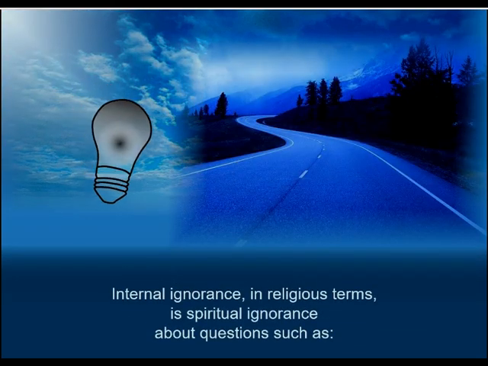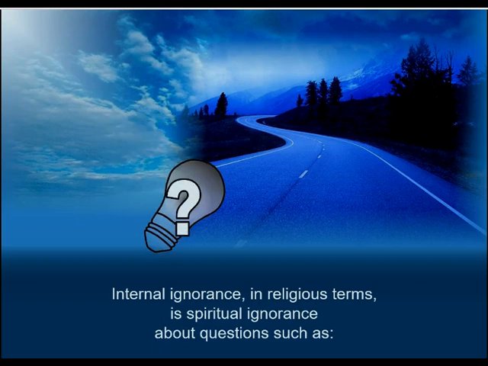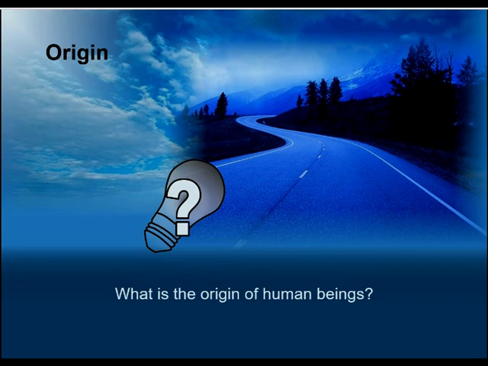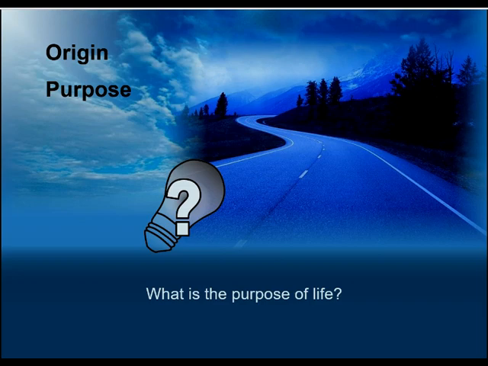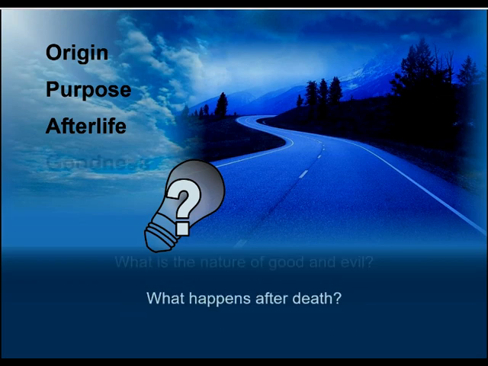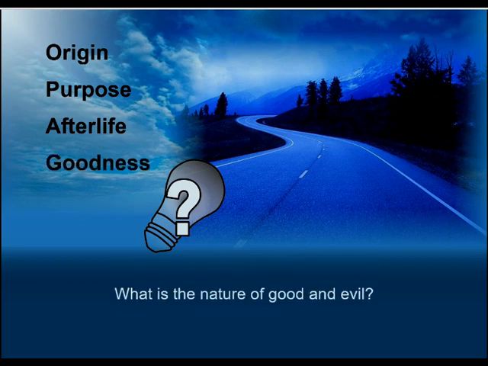Internal ignorance, in religious terms, is spiritual ignorance about questions such as: what is the origin of human beings, what is the purpose of life, do God and the next world exist, what happens after death, what is the nature of good and evil.